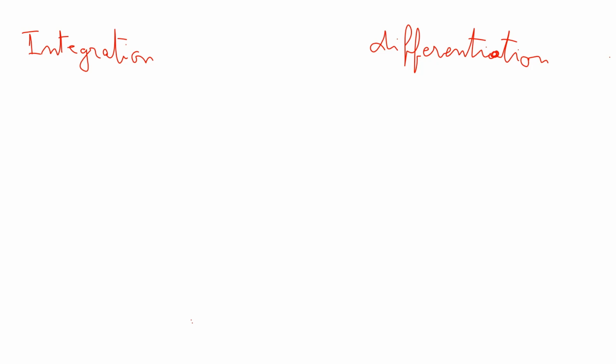So the relationship between integration and differentiation is like an inverse relationship. What I mean by that is that integration undoes what differentiation does, and differentiation also undoes what integration does. For instance, if we have f of x, and then we try to differentiate this equation, we'll end up with f prime of x.